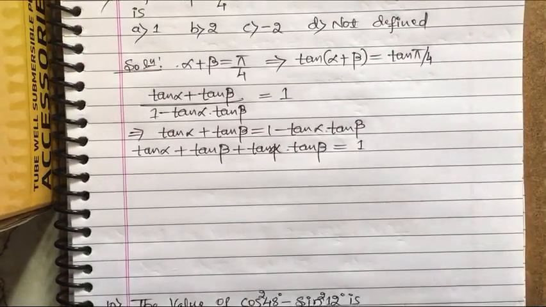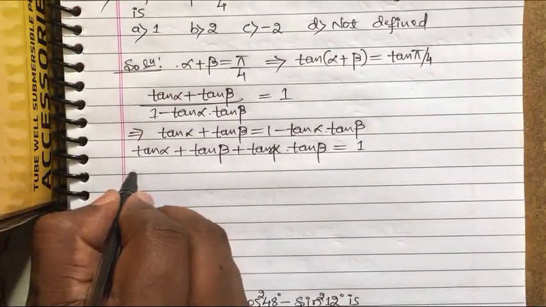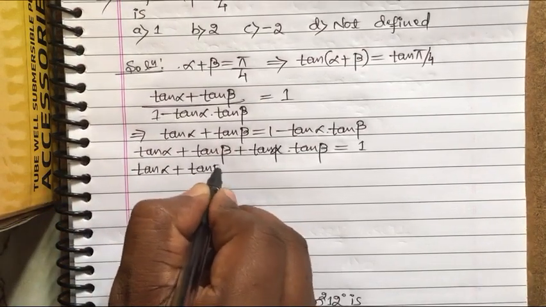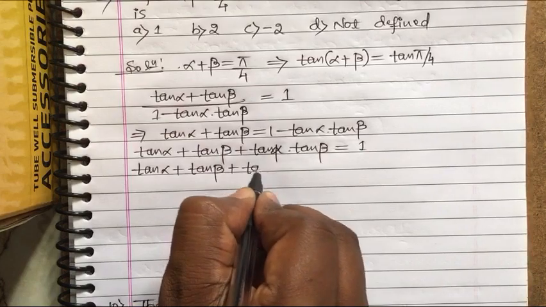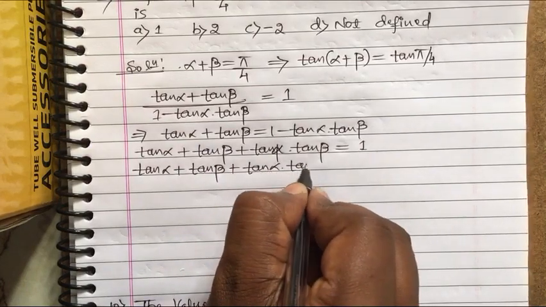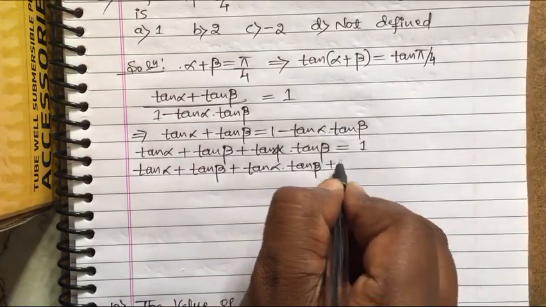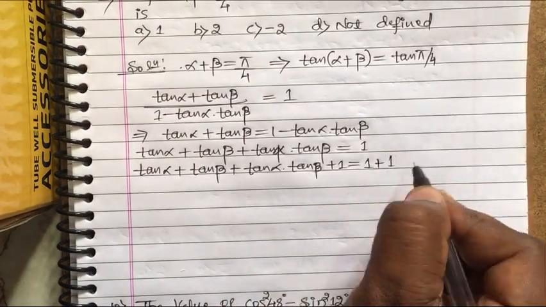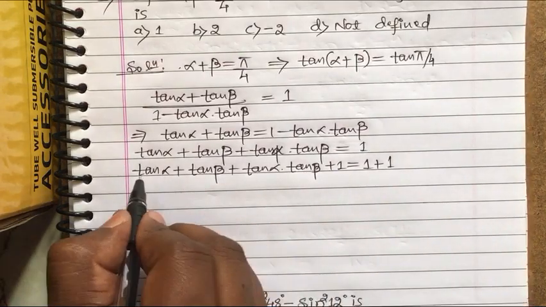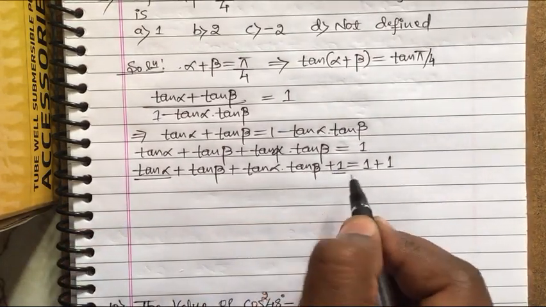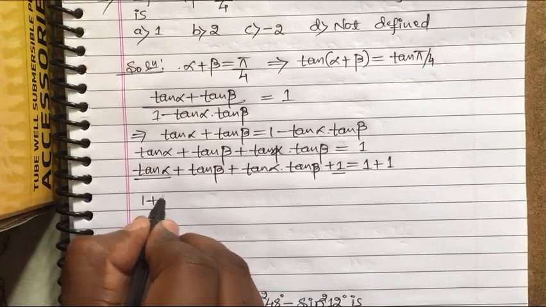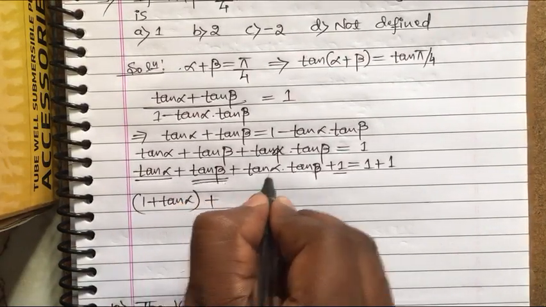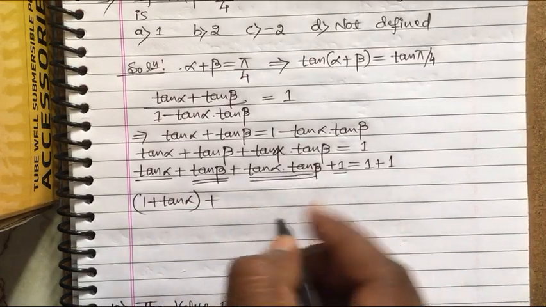Now I add 1 both the sides. Adding 1 both the sides, we get tan alpha plus tan beta plus tan alpha into tan beta plus 1, which equals 1 plus 1. Now tan alpha plus 1 can be written as 1 plus tan alpha, plus in these two terms I can take tan beta common.